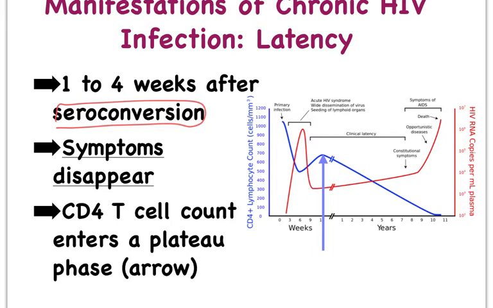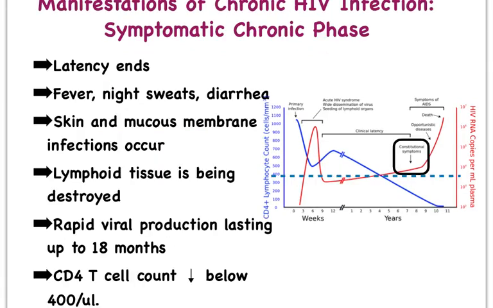And right, we can't see it very well, but there is a bit of a plateau here. We can't see it very well because there's that break in the graph, but we do see a bit of a plateau in the CD4 count right about here. And so this is that time period of that latency that we discussed earlier. And then it very much differs, can take weeks or months, as mentioned earlier.